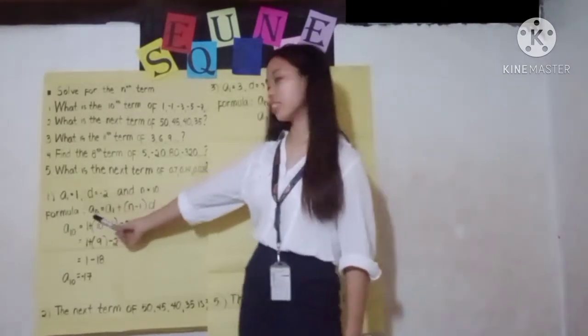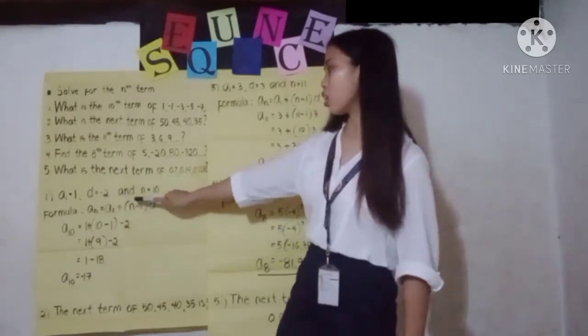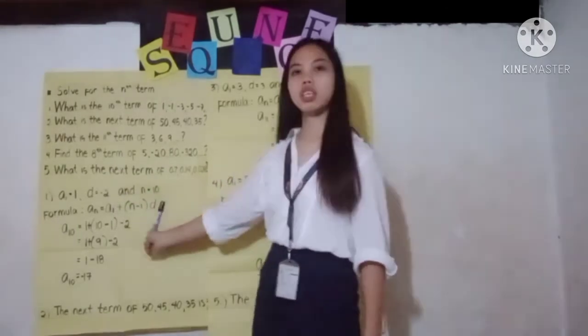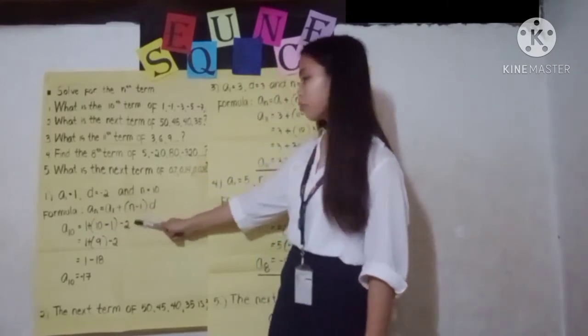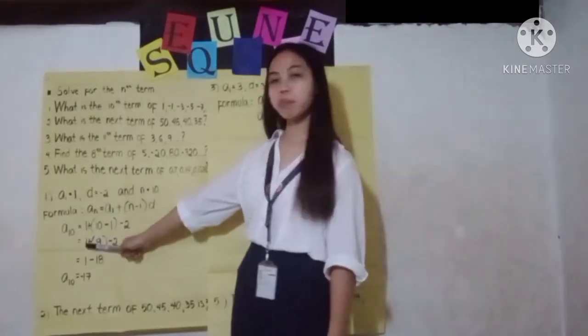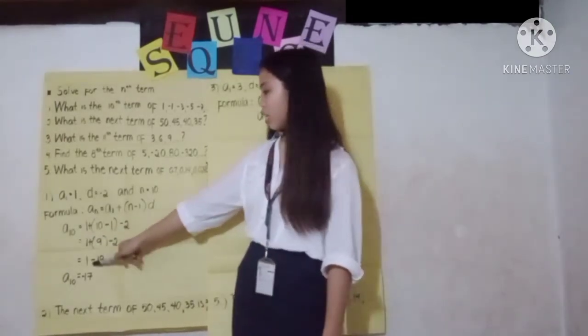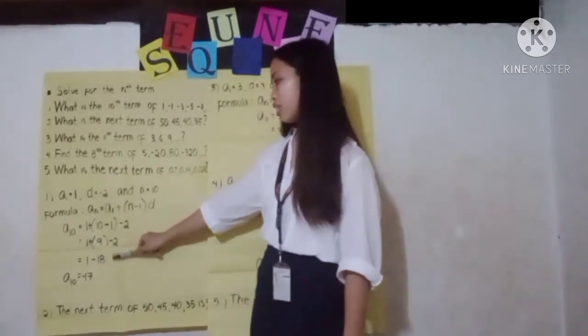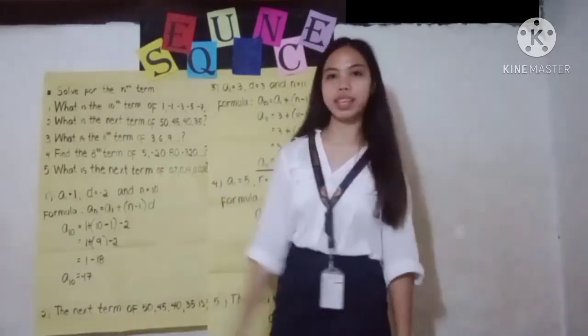Our formula is a sub n equals a sub 1 plus the quantity of n minus 1 times d. A sub 10 equals 1 plus 10 minus 1 times negative 2 equals 1 plus the quantity of 9 times negative 2 equals 1 minus 18. So a sub 10 is negative 17.